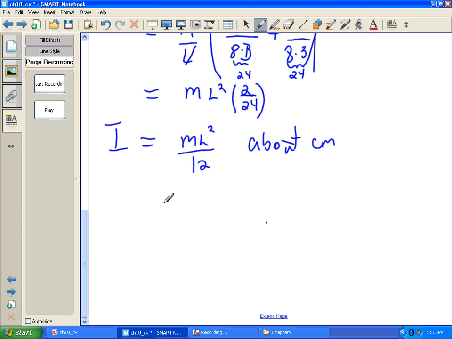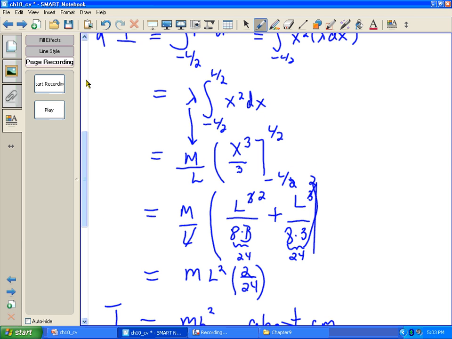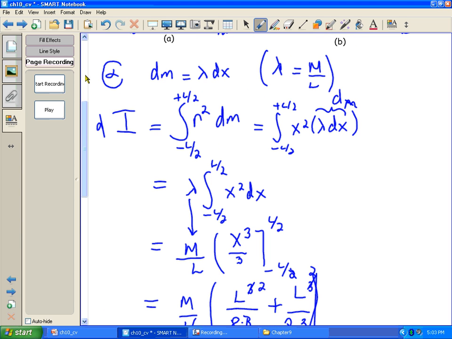What if we're rotating about the left end? In this case, everything is the same, except if we come over here where we set up the integral, our endpoints are going to be from 0 to L because we are summing the first dm at x equals 0 and the last dm at x equals L. So we're still going to have lambda times the integral of x squared dx, but the difference is going to be 0 to L. So let's go ahead and write this out.